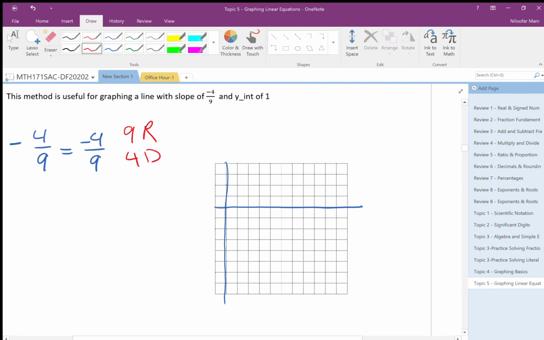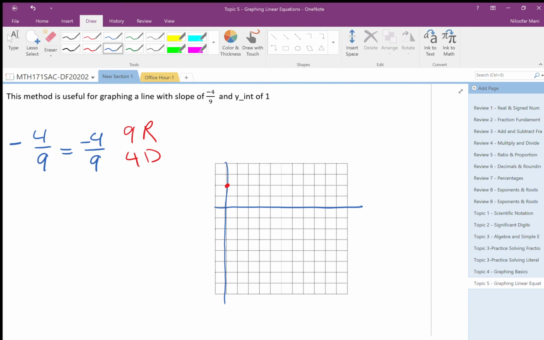I start at 1. I need to make sure I have room to go 4 down. Yes, I do: 1, 2, 3, 4. And I need to make sure that I have a space to go 9 to the right. So you look at your slope and see how many you need to go to the right, how many you need to go down, and then start graphing. Because otherwise maybe you don't have a space for going right or down, and then you go out of the graphing paper, and we don't want that.